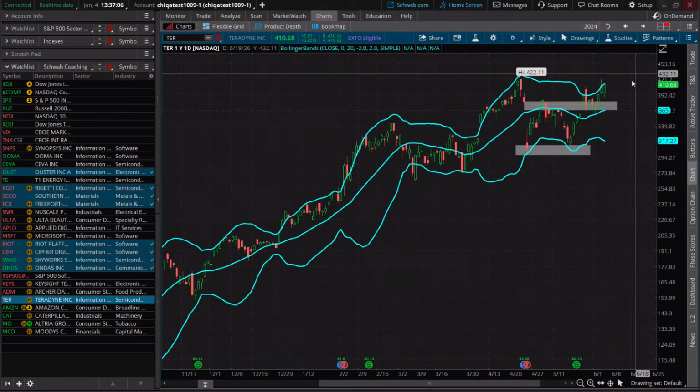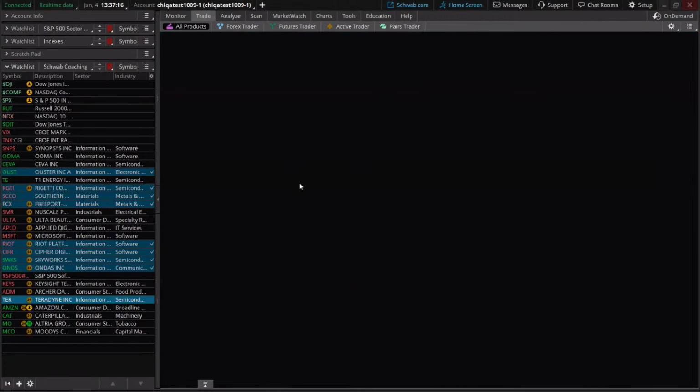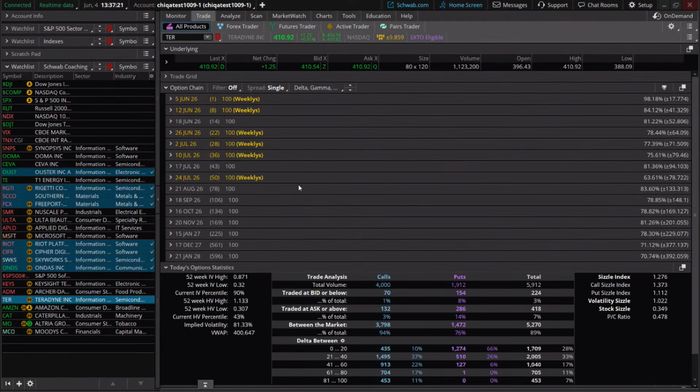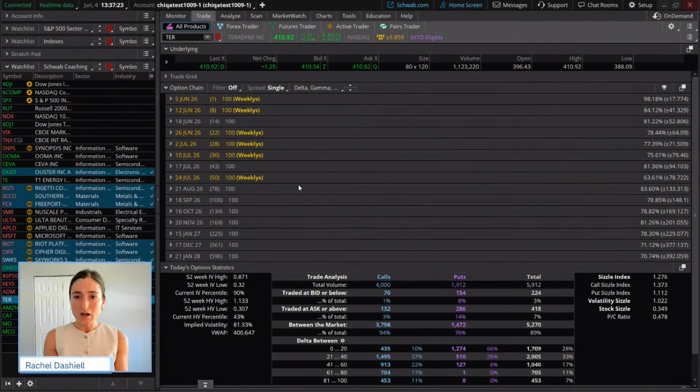Another thing that you could do as a trader is take a directional options trade as well. A couple different things that you could do would be, as price is coming out of compressed volatility and expanding to the upside, you could say, hey, maybe now's a good time to be a buyer of options.